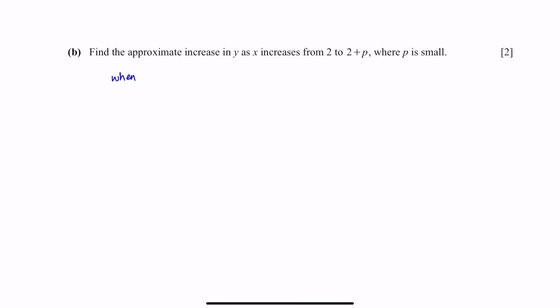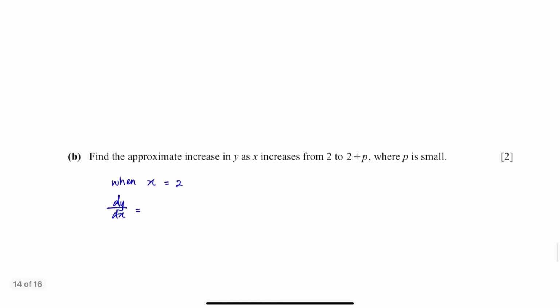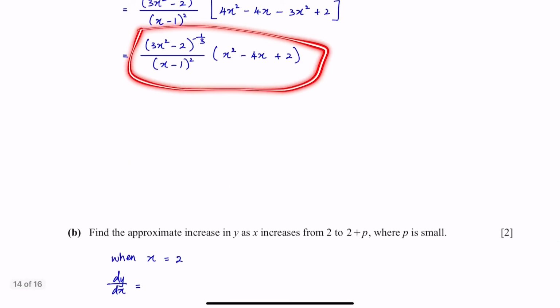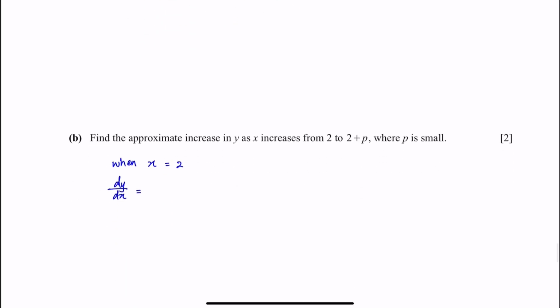So when x equals 2, dy/dx would be, so we sub x equals 2 into this expression over here, and we would get (3 times 2 squared minus 2) to the power of negative 1/3 over (2-1) squared times (2 squared minus 4 times 2 plus 2).